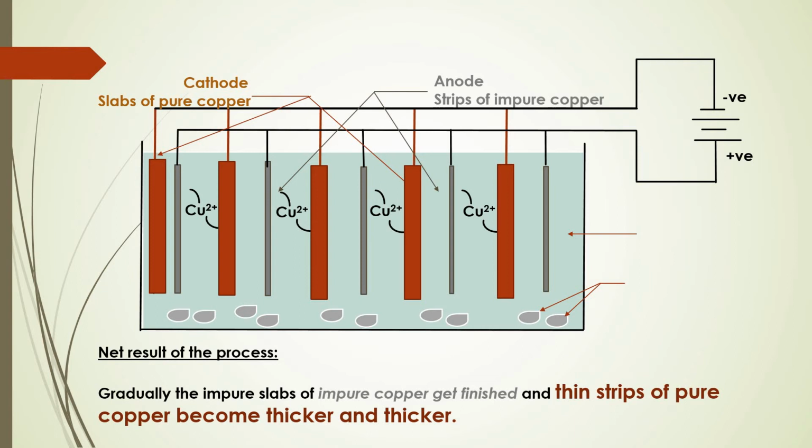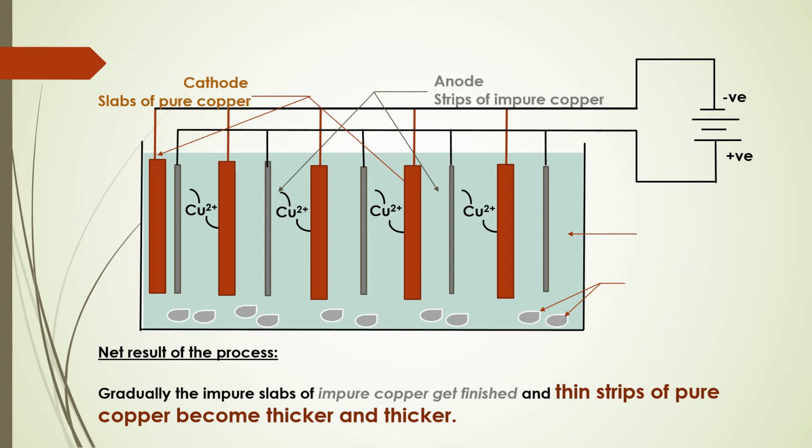According to our requirement, according to our demand, we can give any shape, size or form to the pure metal. Since the anode becomes thinner and thinner and finally it dissolves, therefore to continue the process of refining copper, we need to replace periodically the anode, which is made up of strips or blocks of impure copper.